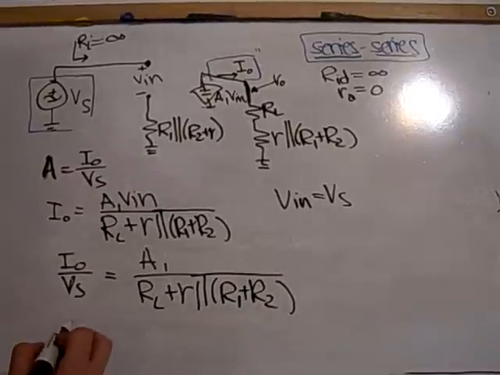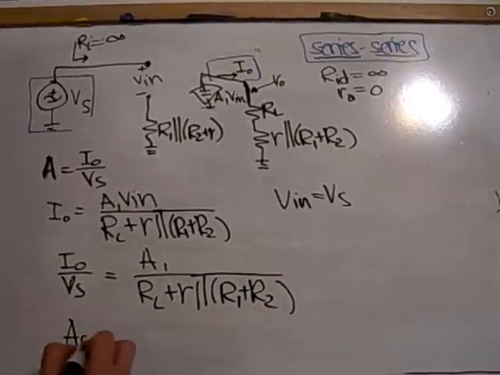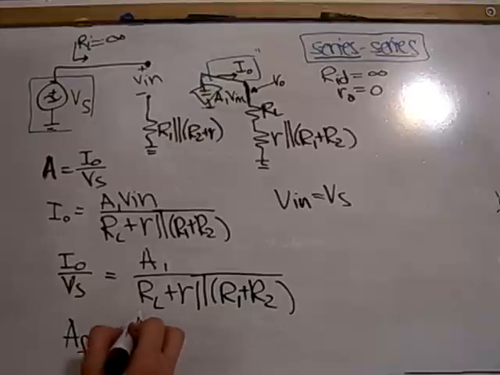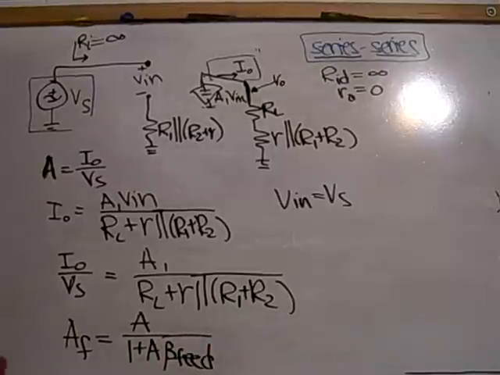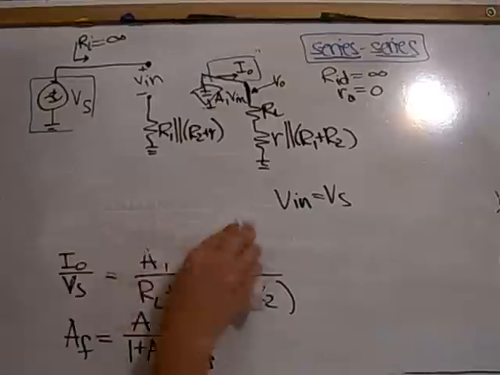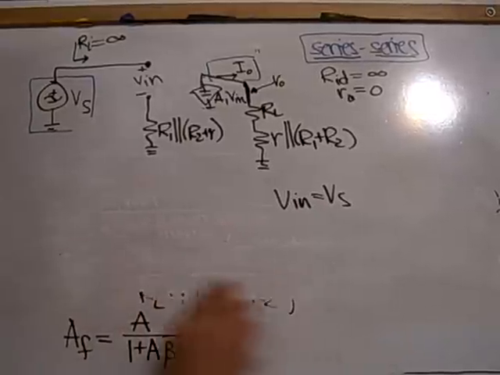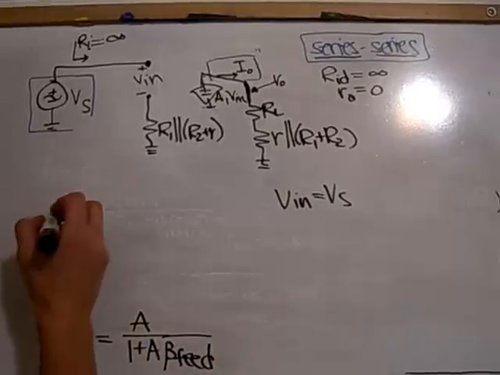So now that I have A, I can use that information to find AF, which will be A over 1 plus A beta feed. And that is going to look like this.